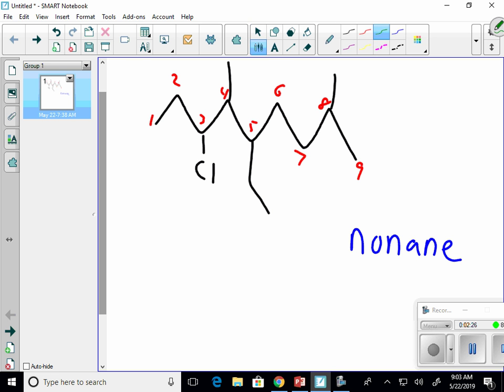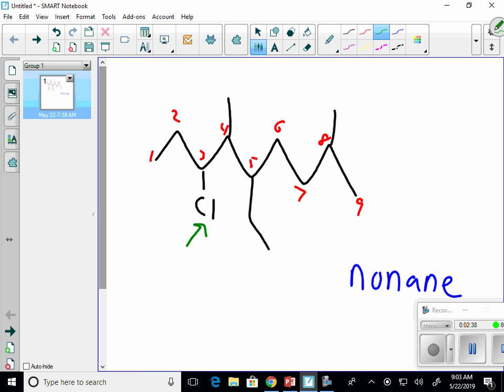Once you've identified the longest chain, you look to see what remains. For example, I have a chlorine right here. That's something coming off of that side chain. This is a 1 carbon group on carbon number 4. That is a methyl group. This carbon right here has a methyl group coming off of it as well.